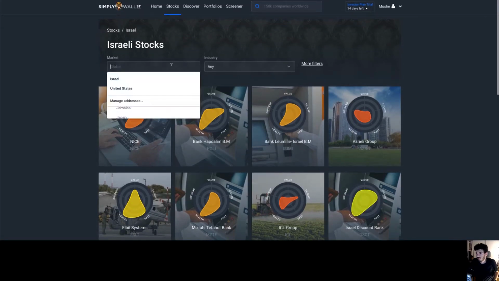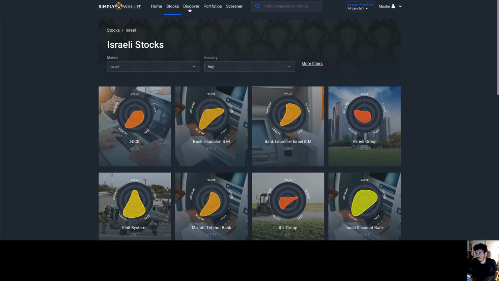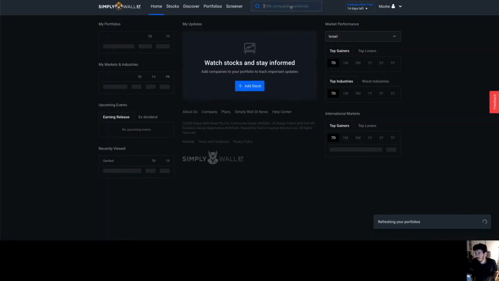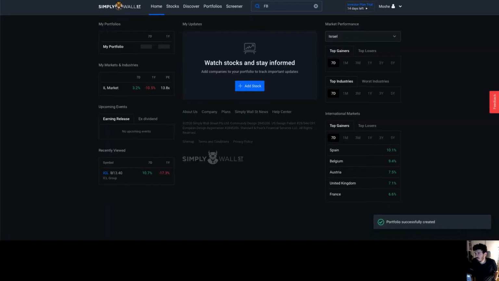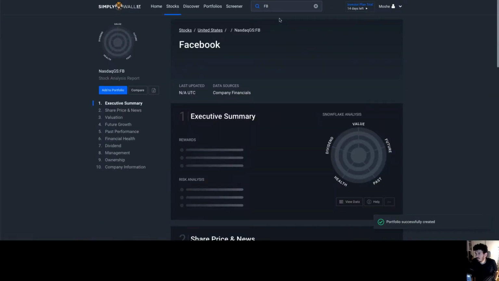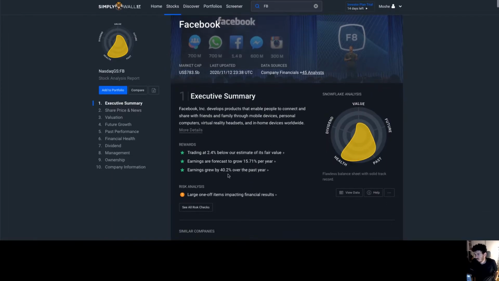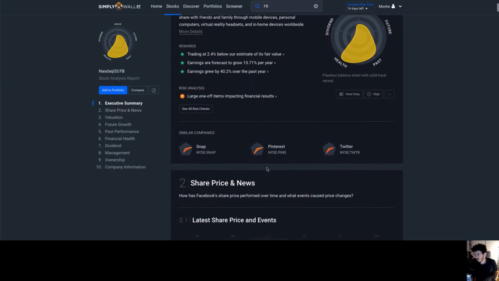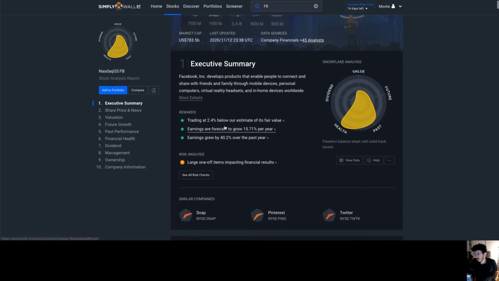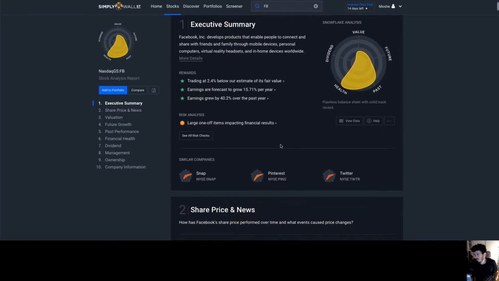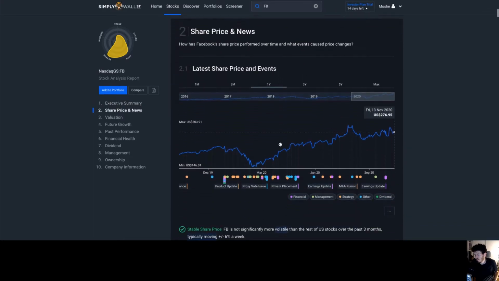so what we're going to do here is we're going to choose really quickly a couple of names that we all know, and let's go with Facebook. And you can see really quickly a bunch of high macro level things about Facebook, and from here you can kind of dive in.